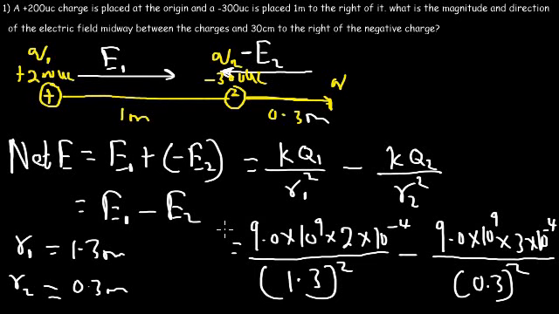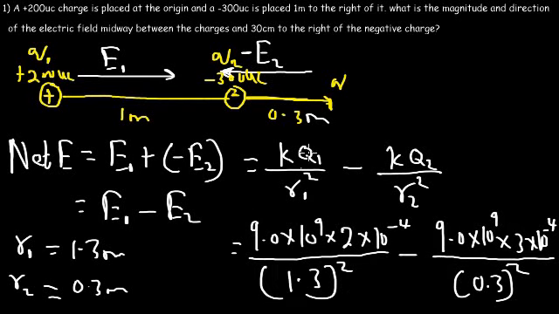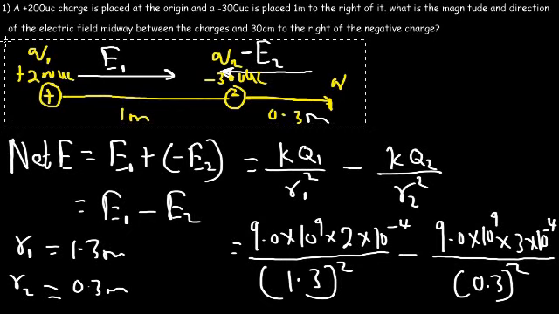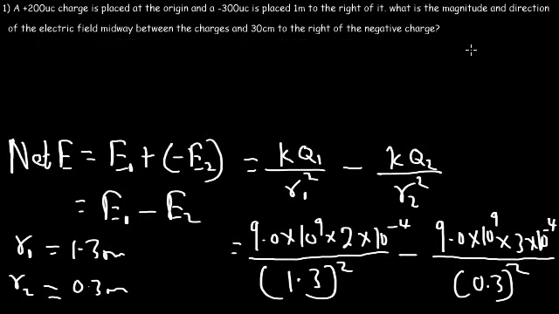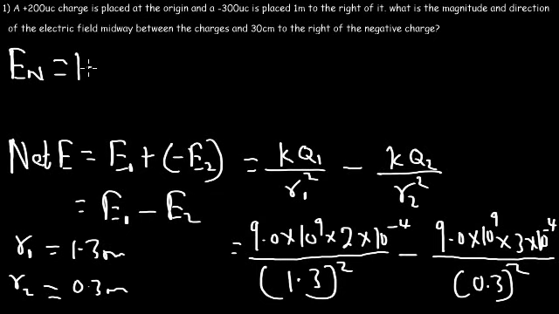Before I subtract these two values, I would like to have their answers one after the other. I don't need the diagram anymore. I can get rid of the diagram since we have the direction of each of the component electric fields. So for the net electric field E sub n, I'm going to type this into my calculator first, and that should result in 1.07 times 10 raised to the power of 6.